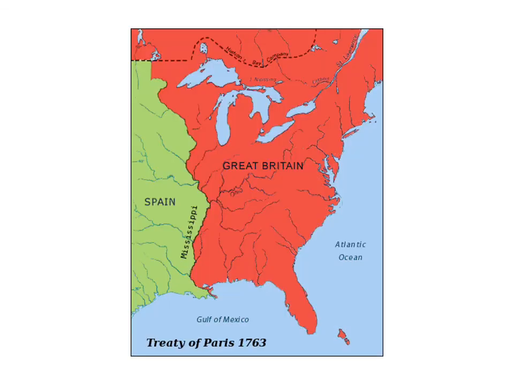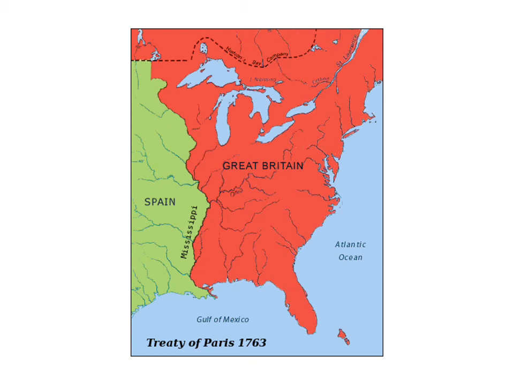And at the end of the war, which was settled by the Treaty of Paris in 1763, Great Britain acquired from France all of the territory to the west of the Mississippi River.